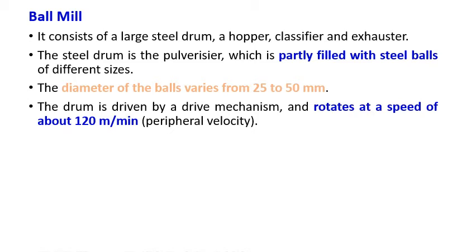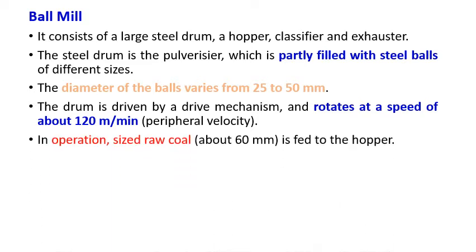The drum is driven by a driving mechanism to rotate at a speed. As I told, the medium speed, around 120 meter per minute, is generally preferred. In operation, the raw coal of around 60 mm size is fed from the coal bunker through the hopper.